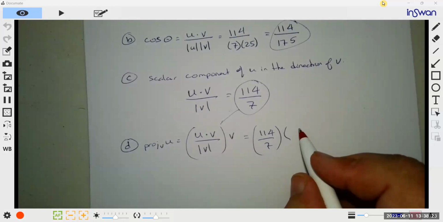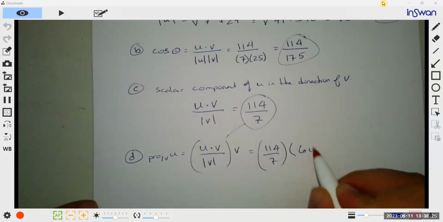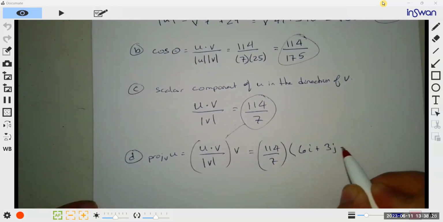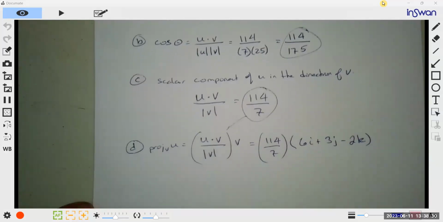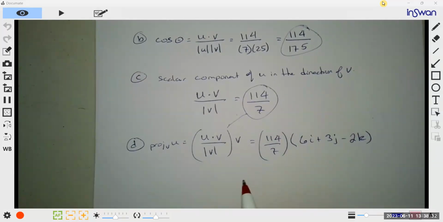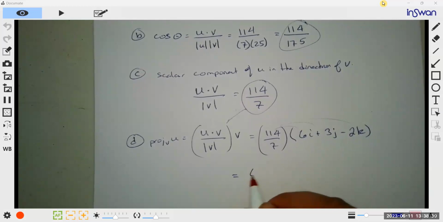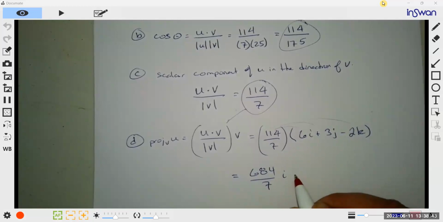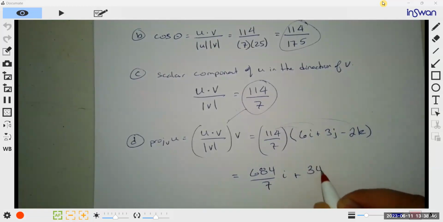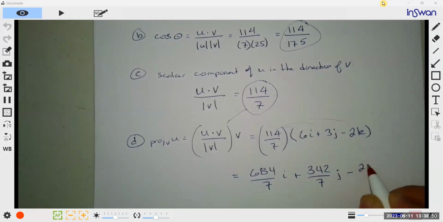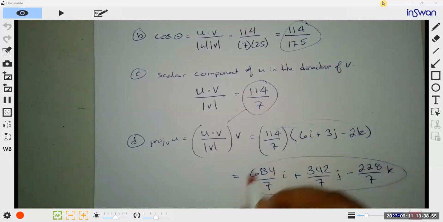Times vector v, which is 6i plus 3j minus 2k. Distribute those. We get 684 over 49 i, 342 over 49 j, and there's our projection.